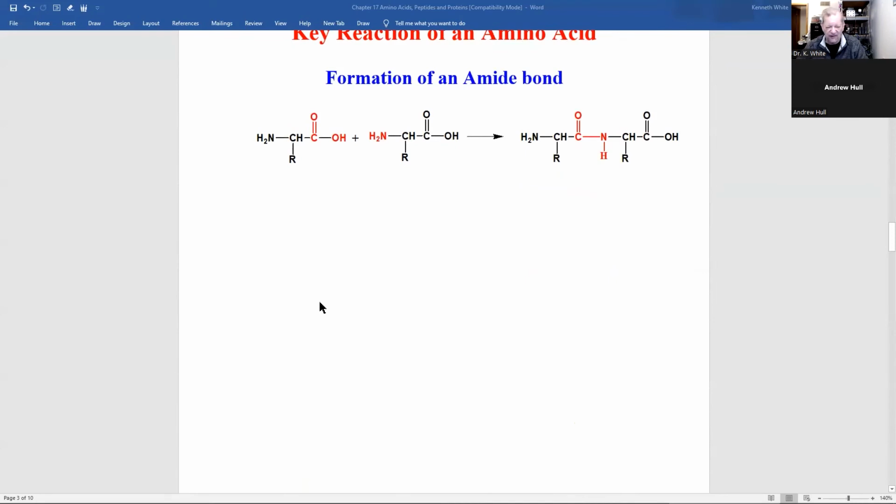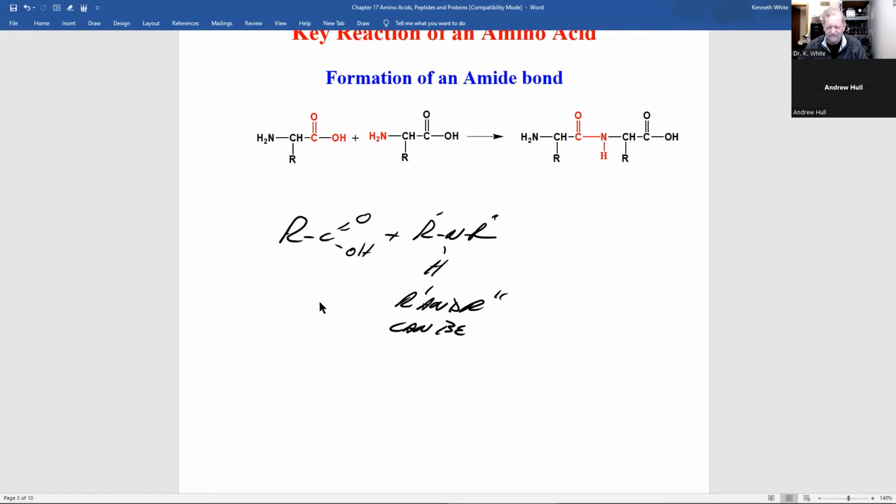And you learned this general reaction: a carboxylic acid plus an amine can be hydrogen, and what you get is an amide.